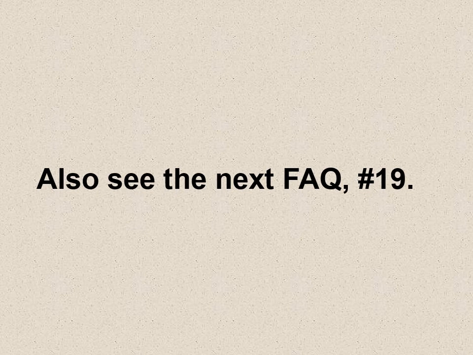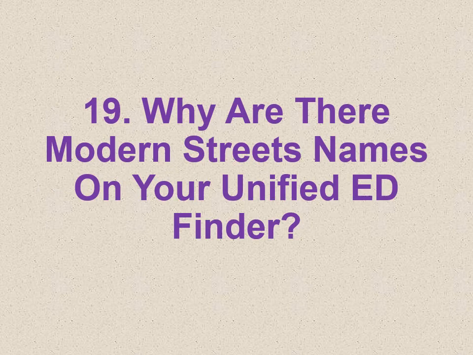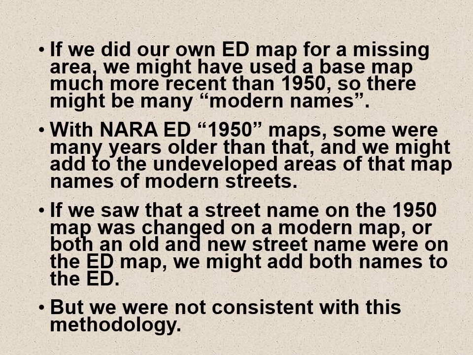And also, I would explain this as well: why are there modern street names on your unified ED finder? Well, there are a number of reasons for that. If we did our own enumeration district map for a missing area, we might have used a base map much more recent than 1950, so there might be many modern names that are not in that enumeration district.